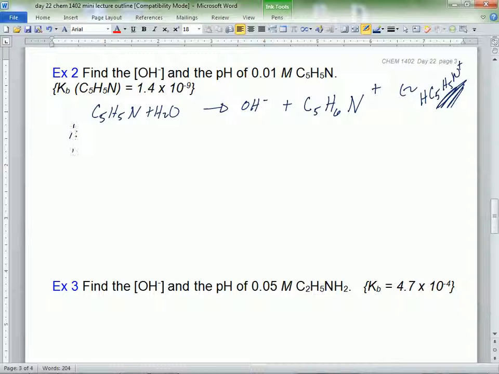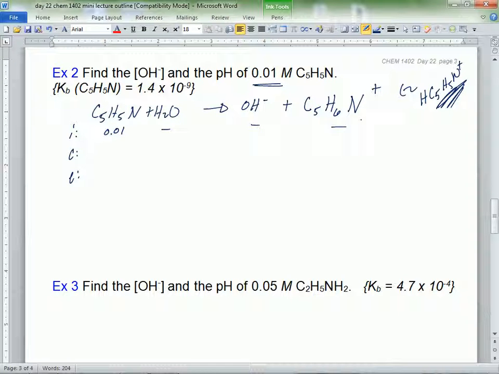So ICE. How would you fill out that initial row, Allison? Yeah, we're doing the I row, the initial row. Yes, under the pyridine. Okay, blank or dashes.